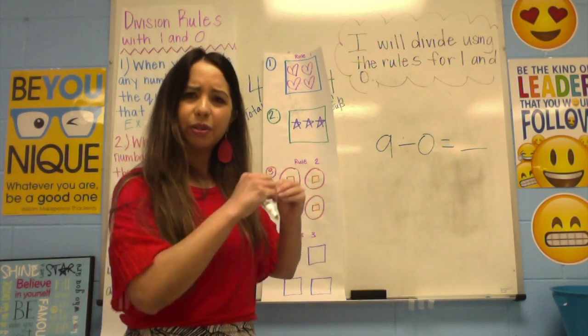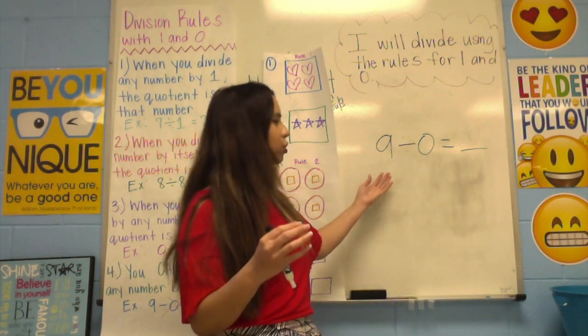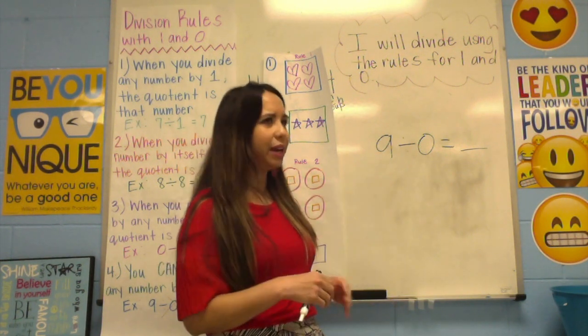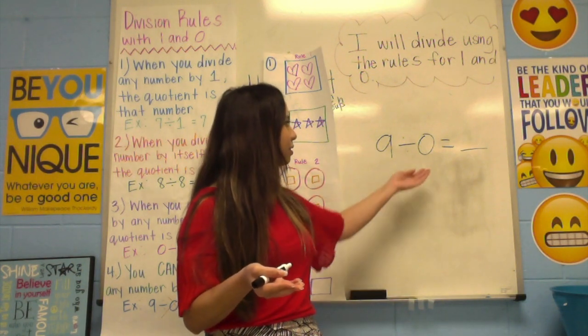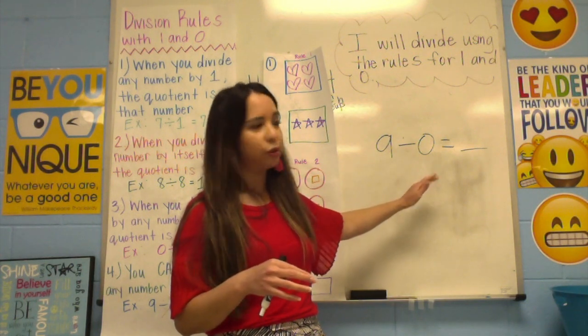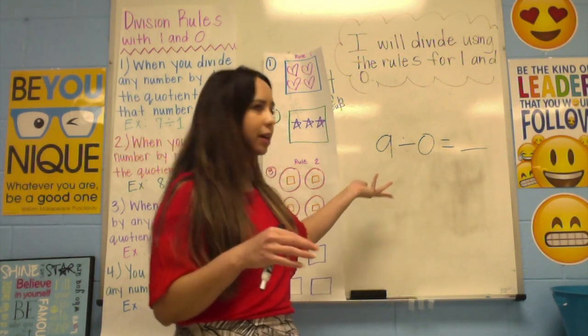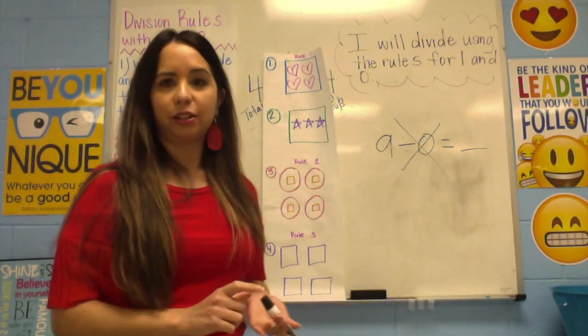So you have to have equal groups in order to separate your total. Like if you had 9 cupcakes, how can you arrange or divide cupcakes when there are no groups? You can't do that. So this is not possible. If you ever see a problem like this, you can't. It doesn't work out. There's not an answer.